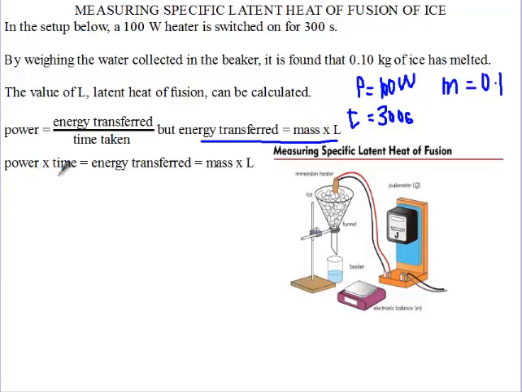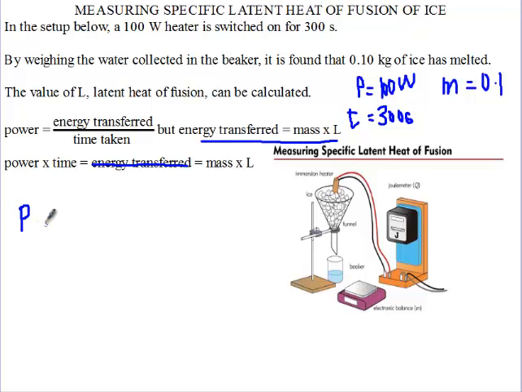So power times time, when we make energy transferred the subject in this equation, we are going to multiply both sides by time taken. So power times time taken is equal to energy transferred, which is also equal to mass times latent heat. So we can do away with our energy transferred here and then equate these two directly.